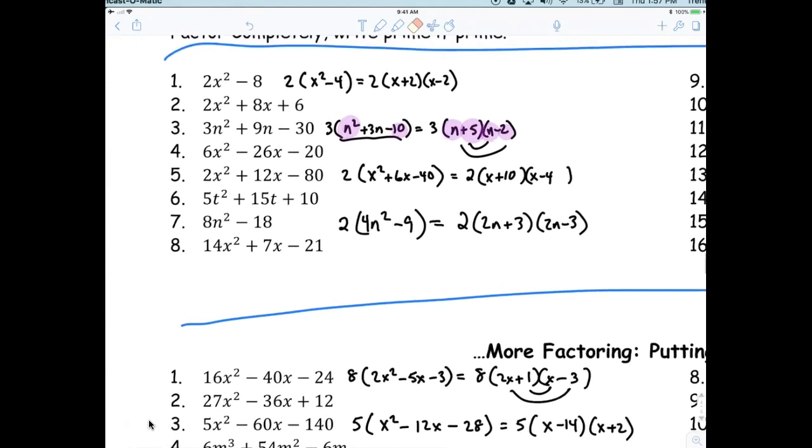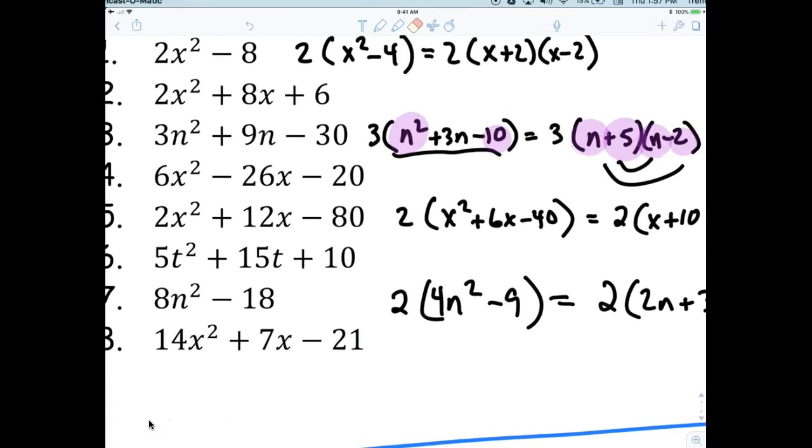So here we go. I want everybody to look at number 2. I'm at 2x squared plus 8x plus 6. So what is common? 2. So we have to pull out the 2 first, and I end up with x squared plus 4x plus 3.